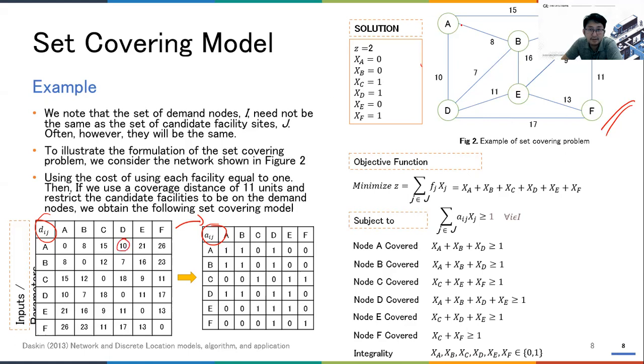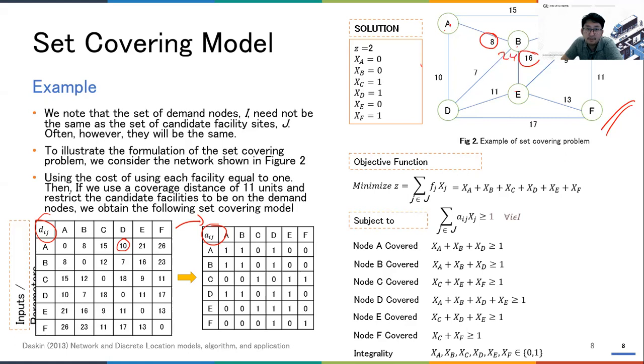But the question now is, what about A to E? There are several ways to go from A to E. For example, you can go from A to B and then to E, or from A to D and then to E. The shortest path means which way gives you the shortest distance. From A to B to E, you get 8 plus 16, so this is 24.